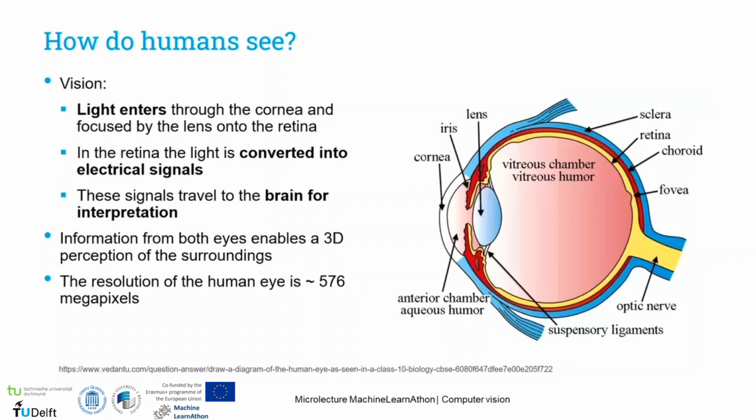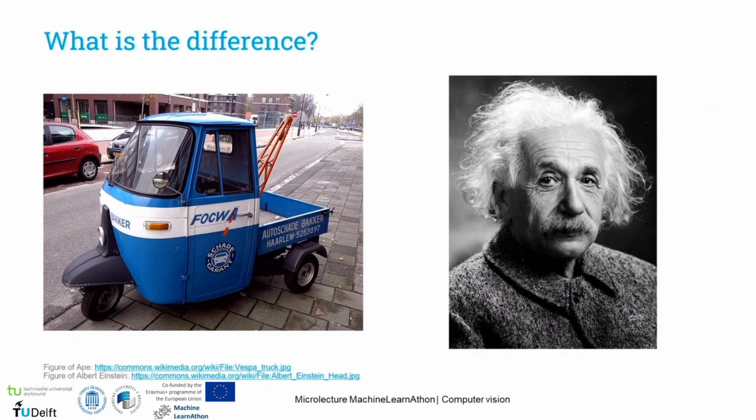So there's a very, very strong visual perception we have as a human compared to cameras that we have in our phones, for example. And having our visual perception, we are able to differentiate a lot of different objects, right? So if I show you these two objects, for you it's very clear that this one is some kind of car and this one is some kind of human, right?